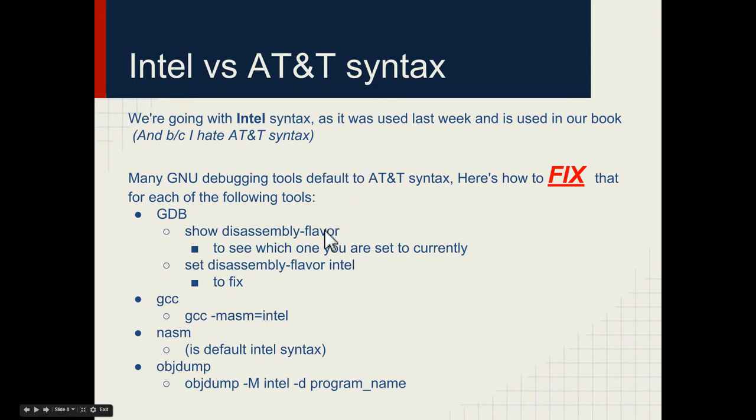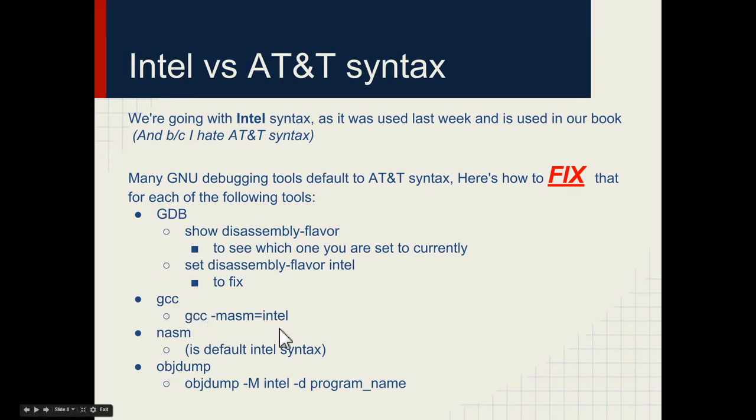I should note that the other textbook I suggested, the Shellcoder's Handbook, I apologize, prefers AT&T syntax. To set your syntax flavor, you basically do set disassembly-flavor intel or att.